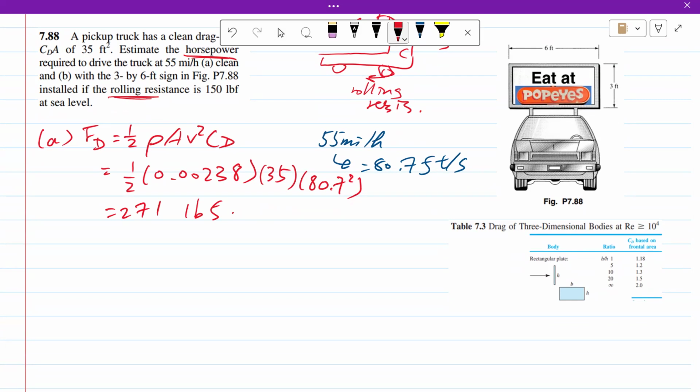Now we have a rolling resistance of 150 pound force. So technically, this is the answer for part A. Actually, sorry, no. You actually have to combine it with the rolling resistance as well.